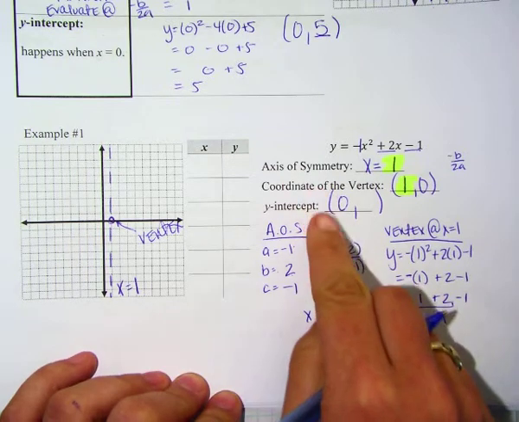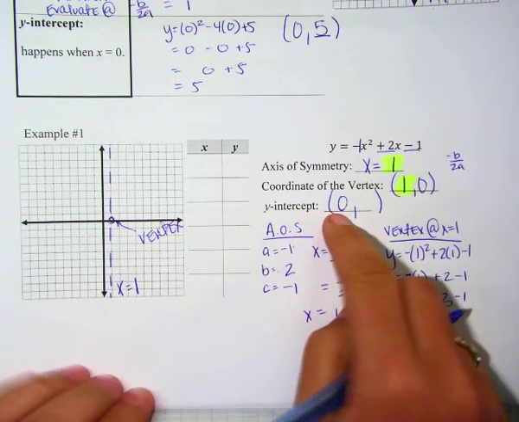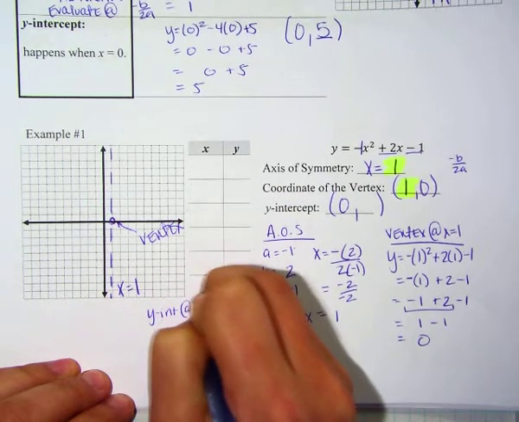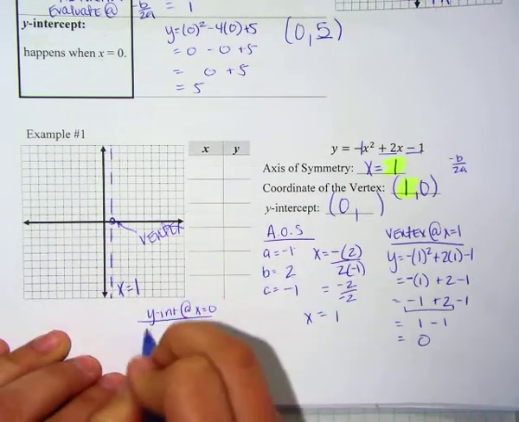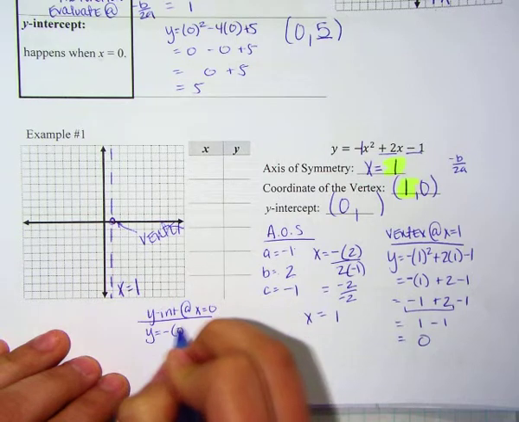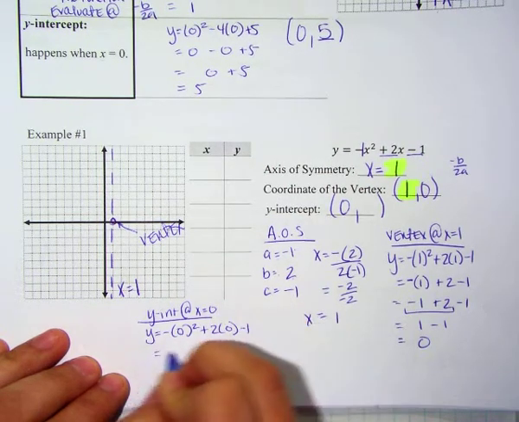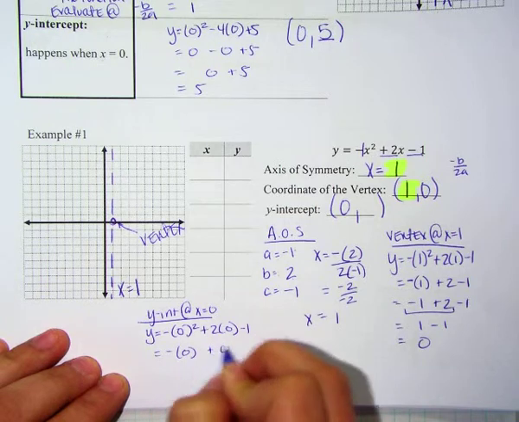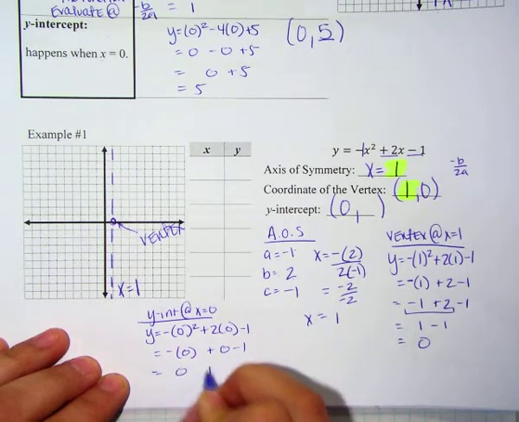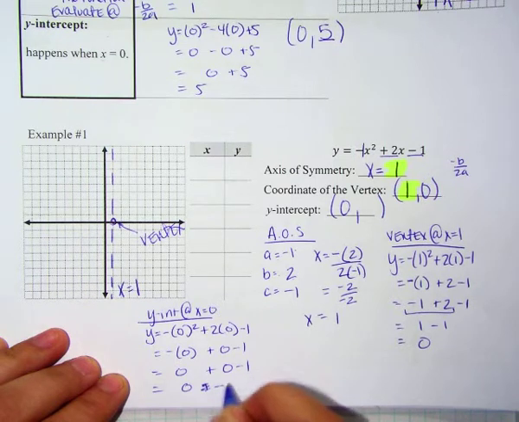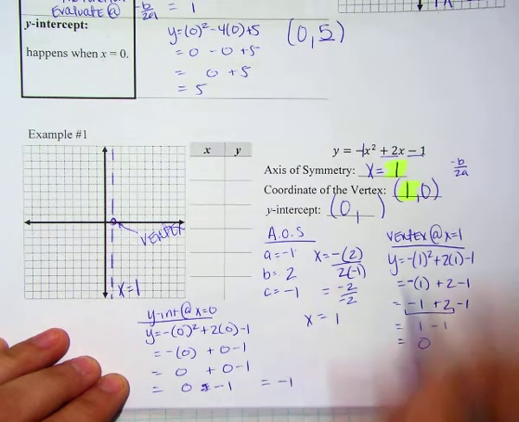Lastly, we're going to solve for our y-intercept, which always happens at x equals 0. So y equals negative 0 squared plus 2 times 0 minus 1. 0 plus 0 is 0. 0 minus 1 is negative 1.